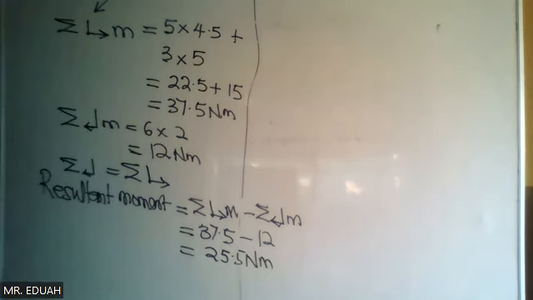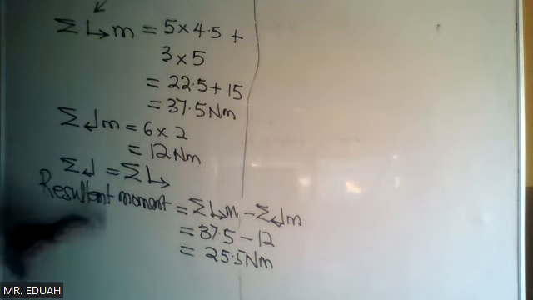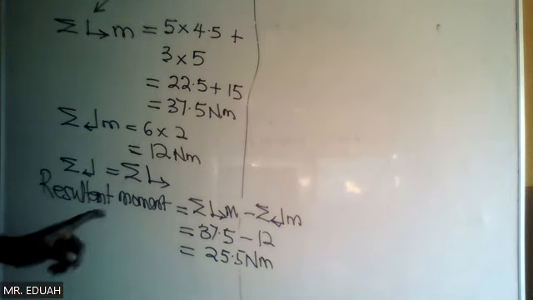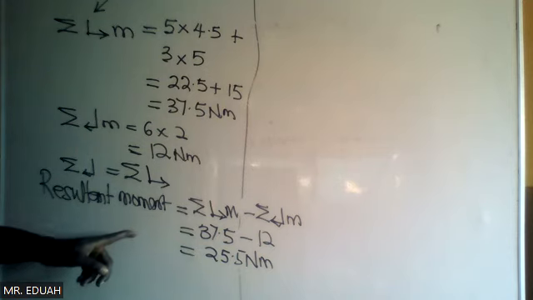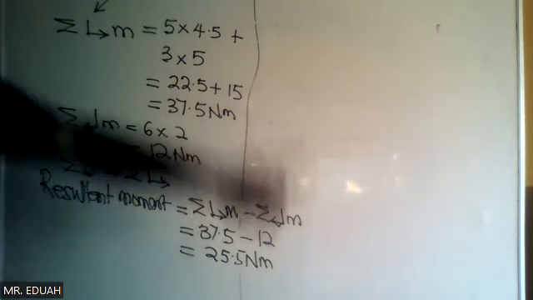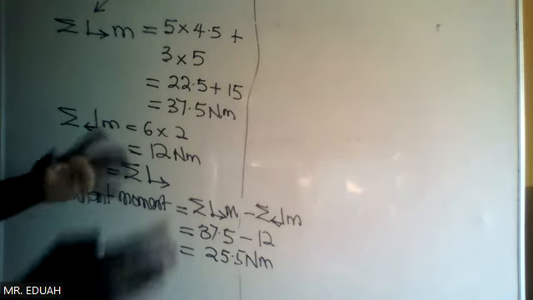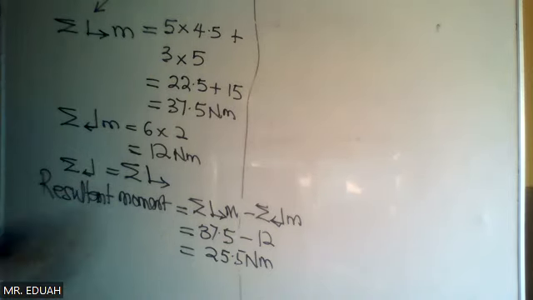What it means is that if these are people sitting on the bar, then the bar turns in the anti-clockwise direction. There wouldn't be a balance, but the resultant will turn in the anti-clockwise direction. Please, are we okay? Yeah.